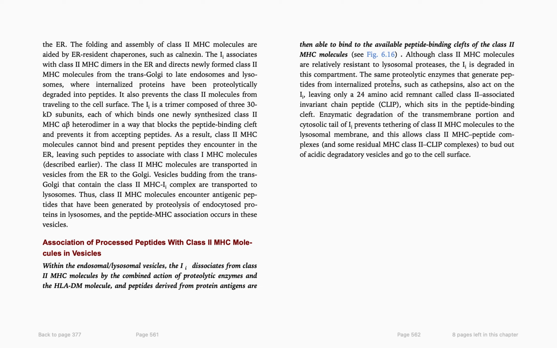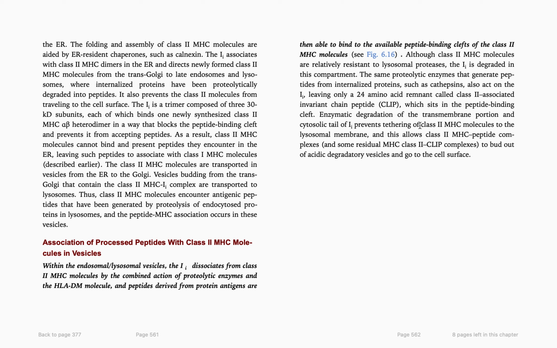The same proteolytic enzyme that generates the peptide from internalized proteins such as cathepsin also acts on the invariant chain, leaving only a 24 amino acid remnant called the class 2 associated invariant chain peptide, CLIP, which sits in the peptide binding cleft.